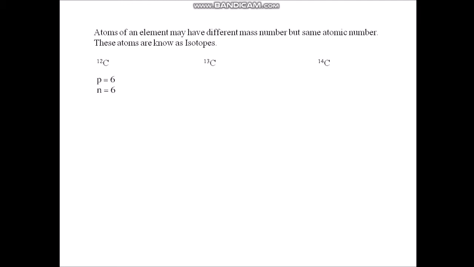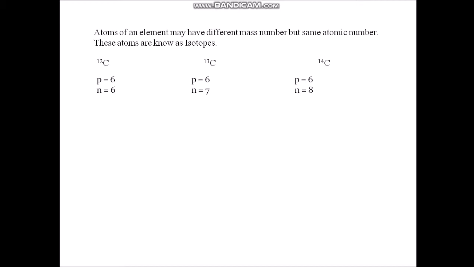In the second carbon atom, the number of protons is also 6, but the mass number is different, which means the number of neutrons is 7, and that adds up to 13. And the third carbon atom also has 6 protons, but the number of neutrons is 8. So that adds up to 14.